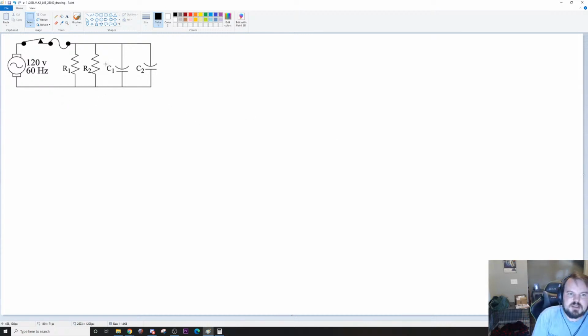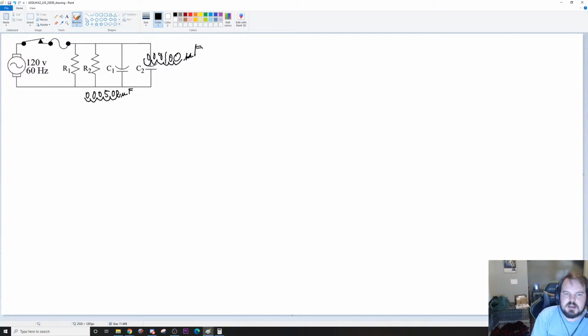So C1 is 500 microfarads, which is 6, so 1, 2, 3, 4, 5, 6. So it's 3 zeros. And then this one was 100 microfarads. So that's 1, 2, 3, 4, 5, 6.